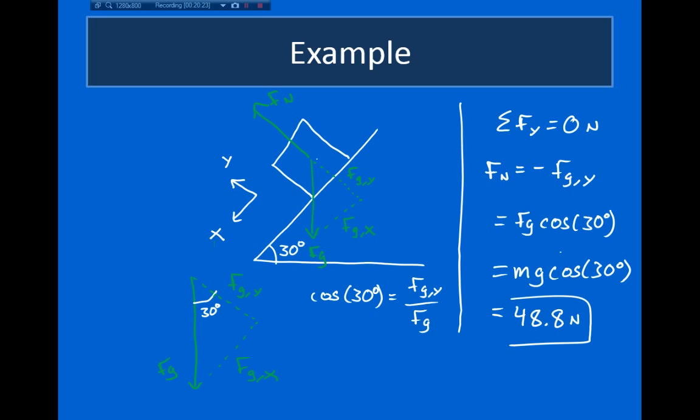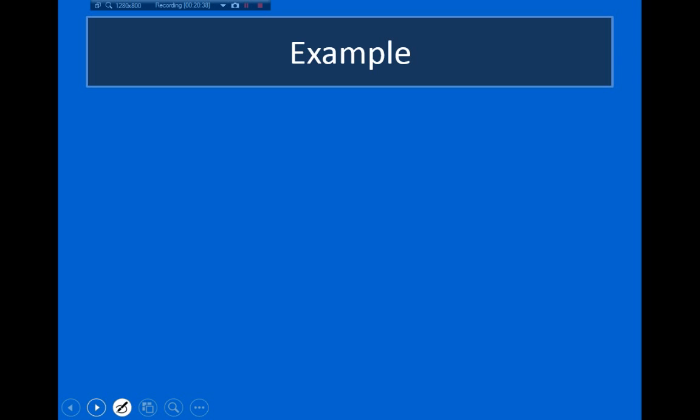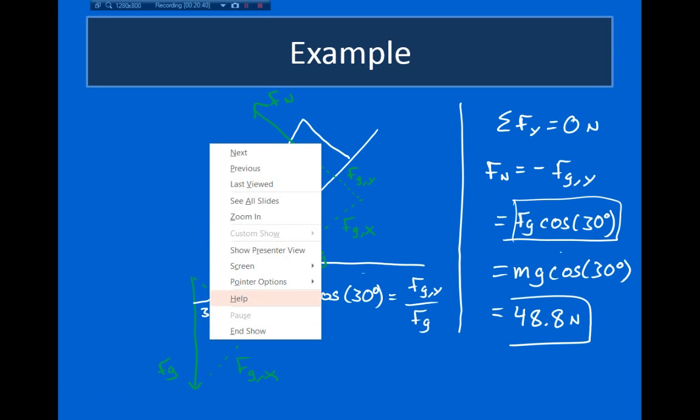Now, one thing I want to point out about this equation right here. I've mentioned this before, but it's really worth mentioning again. This ramp right here, if we consider limiting cases, there are two limiting cases here. If the ramp was flat, so if we have something like this, a ramp that's flat and a box on it, well, in this case, the angle of my ramp is 0 degrees.